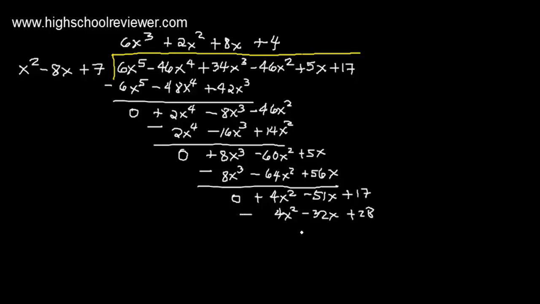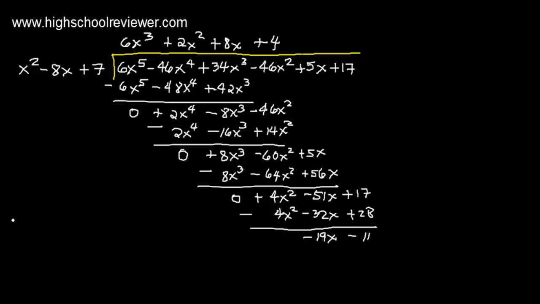And perform subtraction. 4x squared minus 4x squared is 0. So no need to write 0 here. Negative 51x minus negative 32x, this is negative 19x. And positive 17 minus positive 28, this is negative 11.